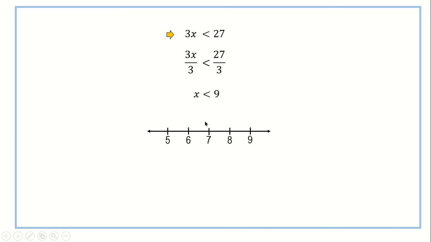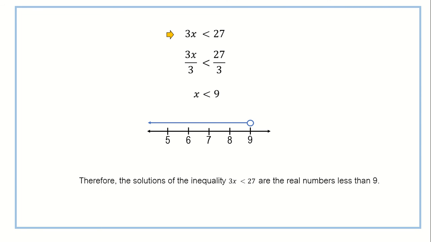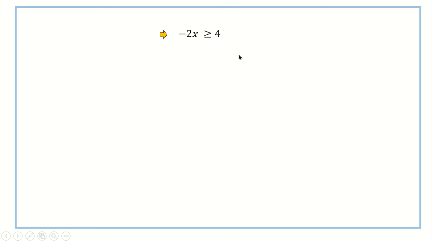So we use an open circle and then we move to the left. So this implies that the solutions of the inequality 3x is less than 27 are the real numbers less than 9.